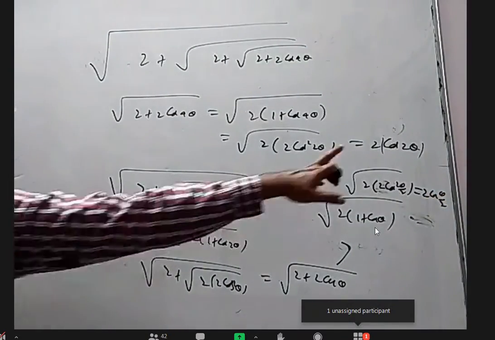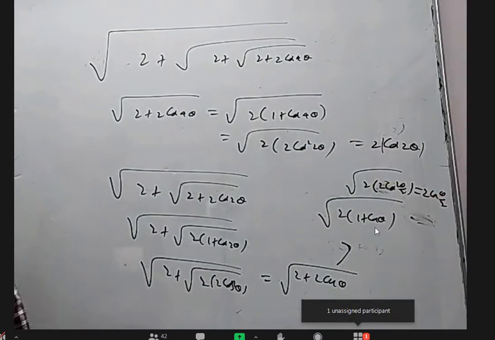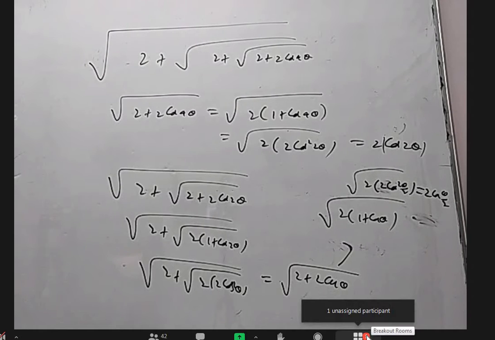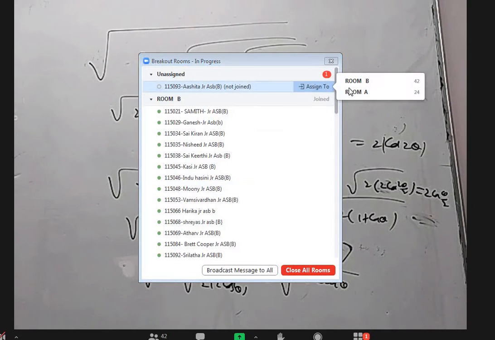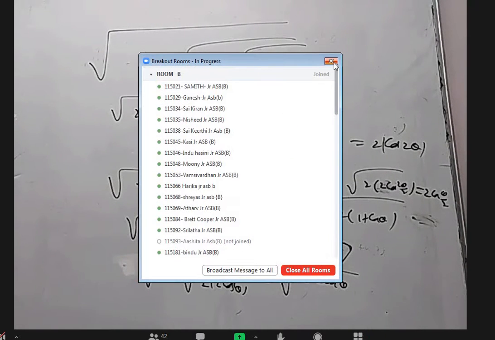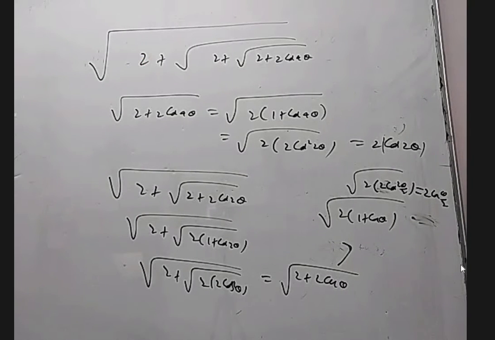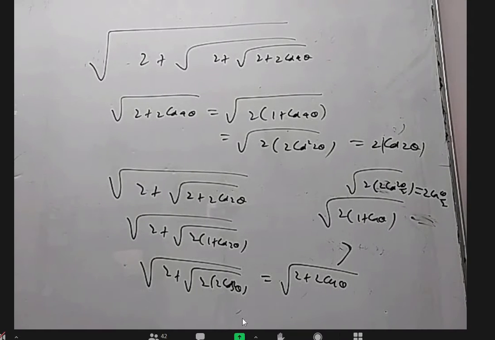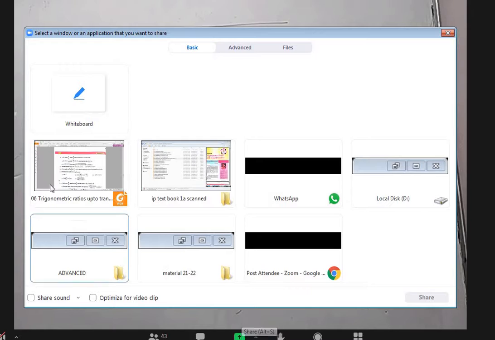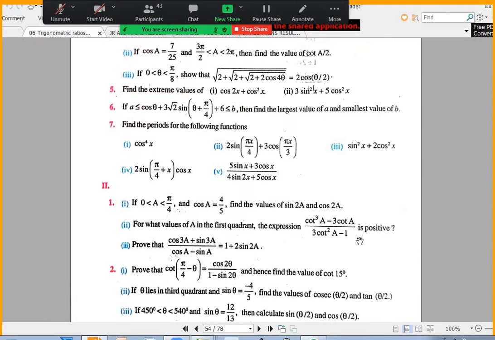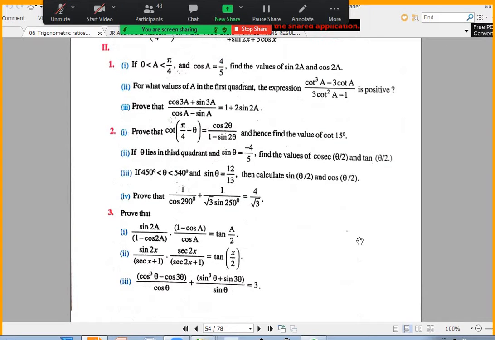Of course, every time the mod is there, you have to understand it is positive based on the angles that are given. Is it okay? Yes, sir. Yeah. Tejas, are you there in the class?